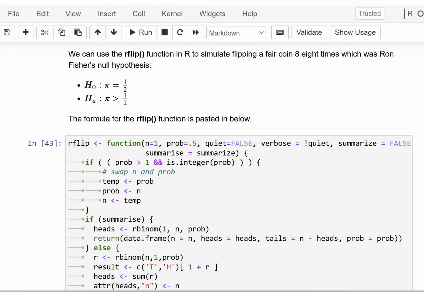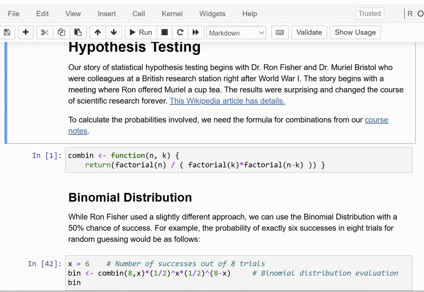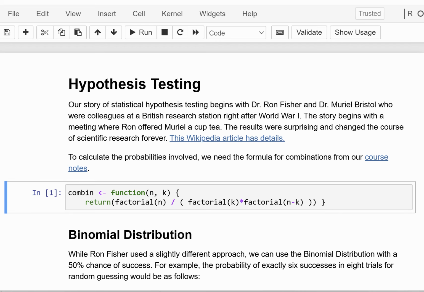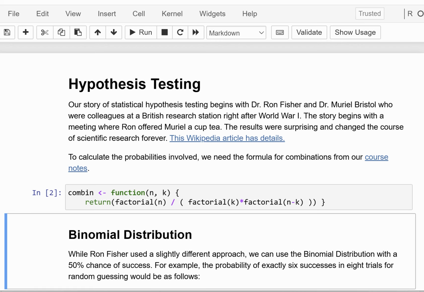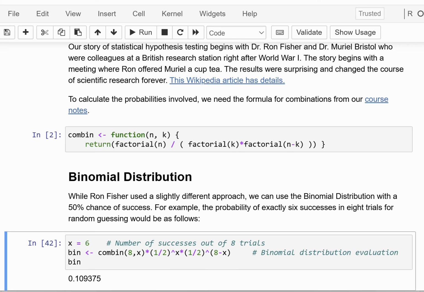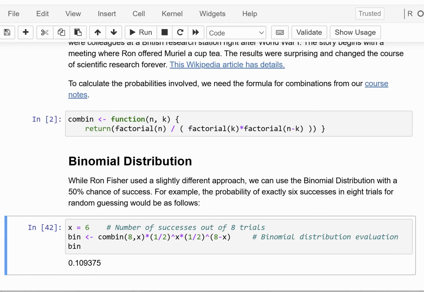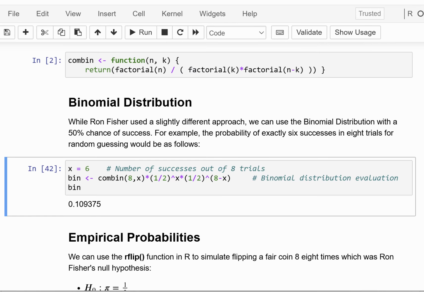I'm going to jump into the notebook for this section, and let me just make sure that we initialize. I have the combinatorics function that we've created. Why? Well, because we're using the binomial distribution, and if you recall, if the number of successes is 6, so we have x equals 6, what's the probability of getting exactly 6 successes out of 8 trials?